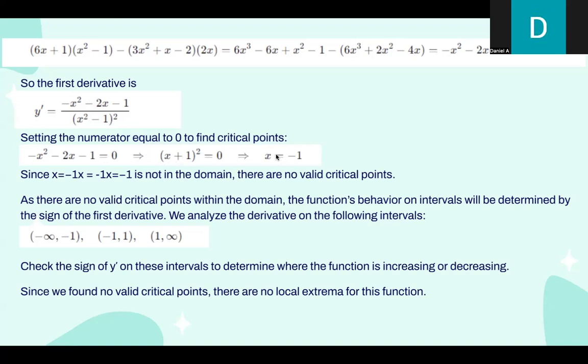As there are no critical points within the domain, the function's behavior is determined by the sign of the derivative on the intervals (−∞, −1), (−1, 1), and (1, ∞). And since there are no critical points, there are no local extrema for this function.